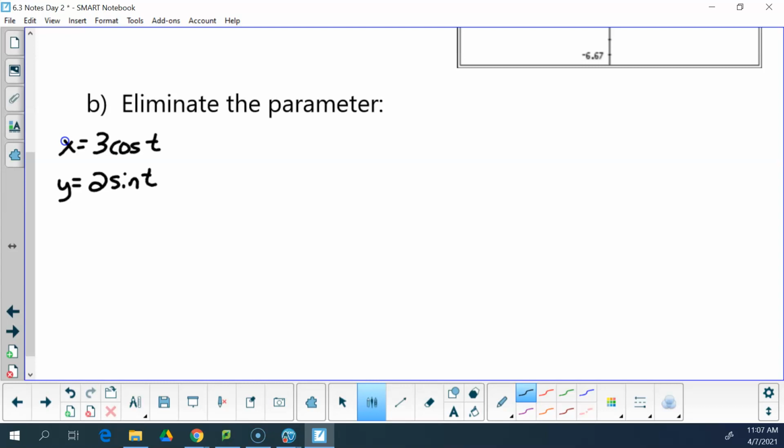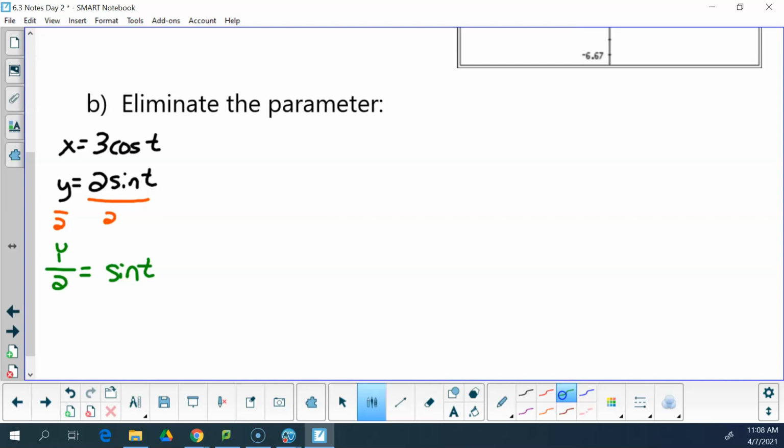Now, from our notes and discussion yesterday, how do we go about eliminating the parameter? We've got to solve for t, right? Which one do we want to solve for t? Y? Okay, we'll solve y for t. So I'm first going to divide both sides by 2. That's going to give me y over 2 equals sine of t.